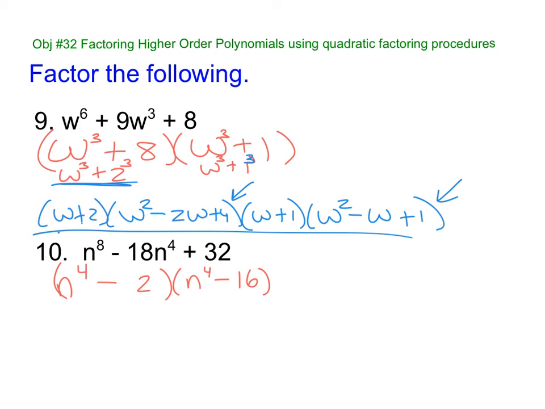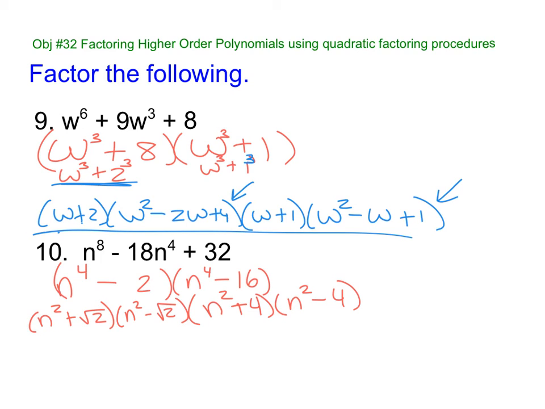Now this one, you can factor it as n squared plus root 2, n squared minus root 2. You don't have to. If you want to do that, you can. The other one you have to factor, though, n squared plus 4, n squared minus 4, and then we actually have one more after that.